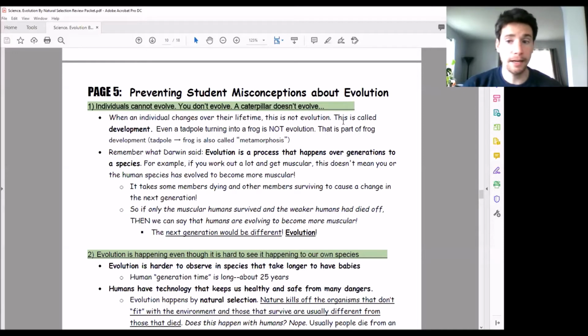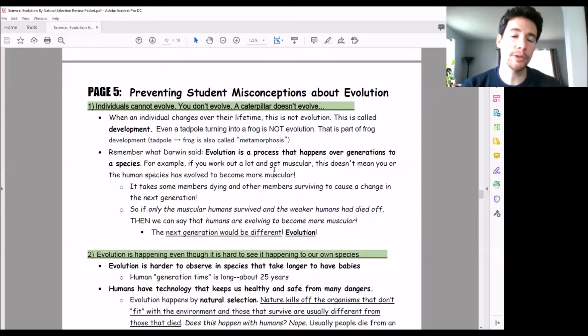When a caterpillar changes into a butterfly, that is not the caterpillar's evolution. When a tadpole changes into a frog, that is not the frog's evolution. That is something called development. Specifically, that's called metamorphosis, when an individual changes a big amount over its life, really changing its whole body.